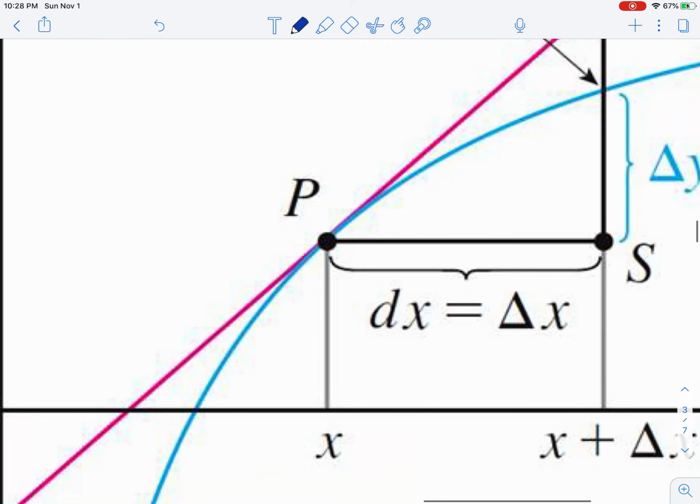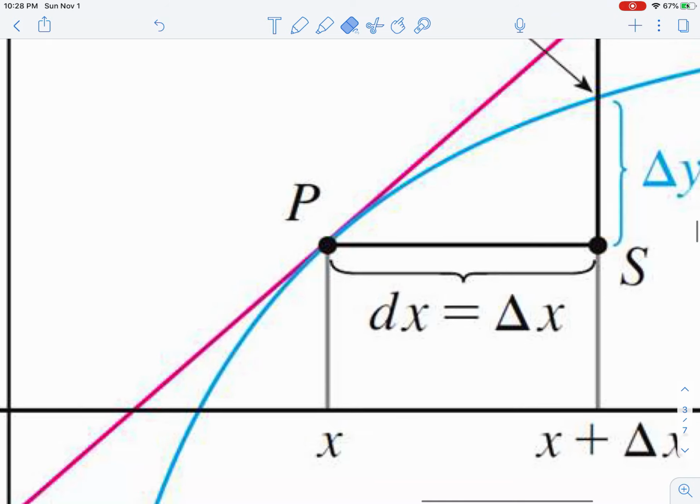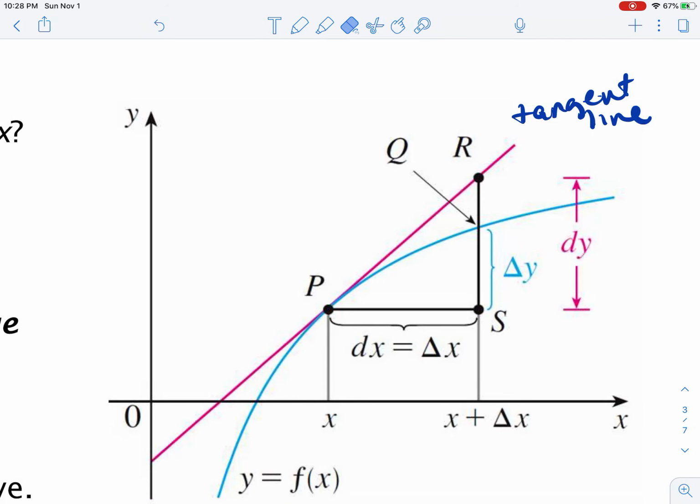If we were to look closer and closer and closer, we can see that for values really, really close to x, our tangent line actually really does look like our curve, and that's really nice. And so we just want to look at applications of that. All right, so I'm just going to go ahead and erase those things, but just to bring up some of the notation of delta x and delta y.